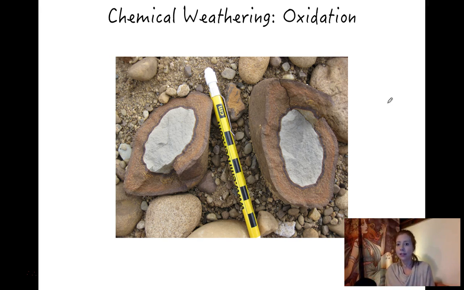It has oxidized, where the inside is not in direct contact with the atmosphere, so it has not received the same amount of oxygen that the outside has. So then it's easier to break apart this rusty outer shell than it is to break apart the non-oxidized iron in the center.